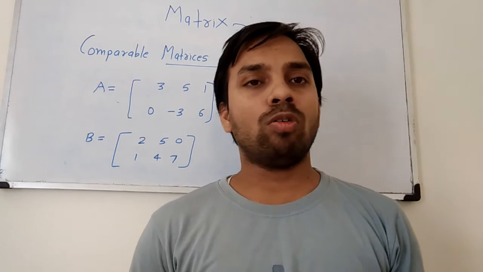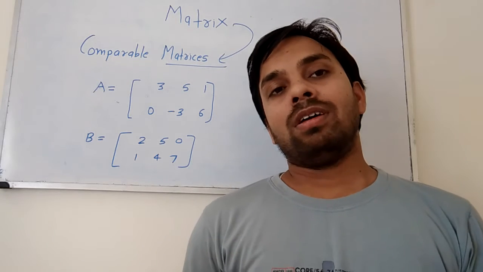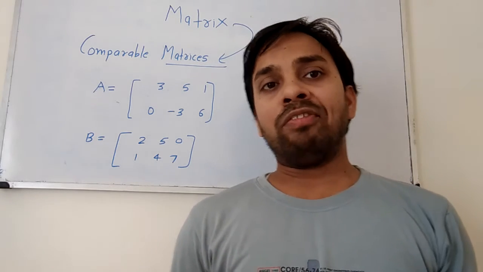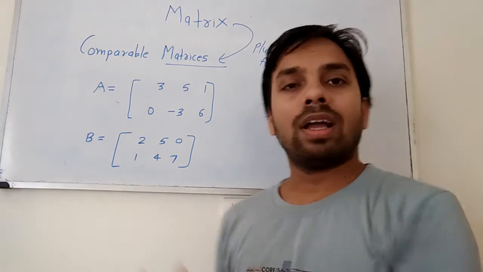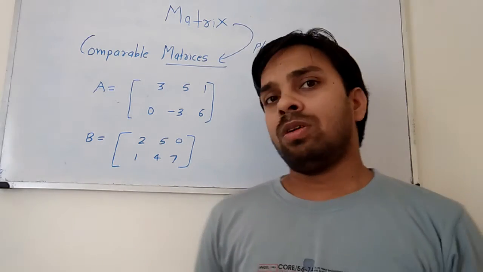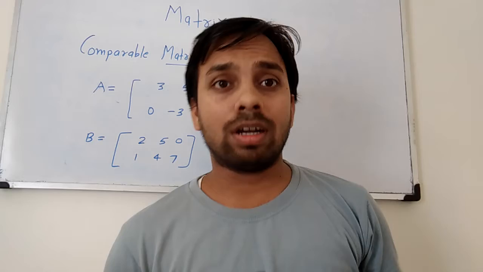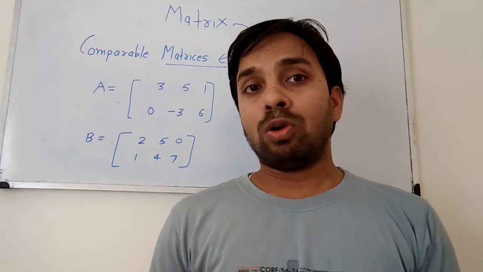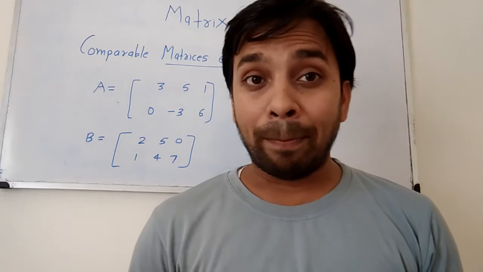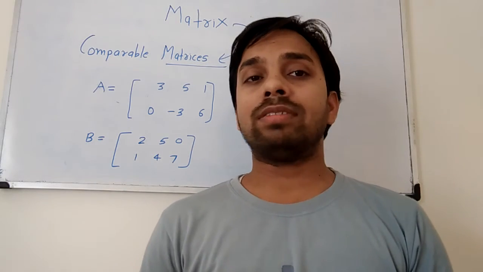So what is a comparable matrix? Assume we have two matrices, A equal to this and B equal to this. Two matrices are called comparable if they have the same order.